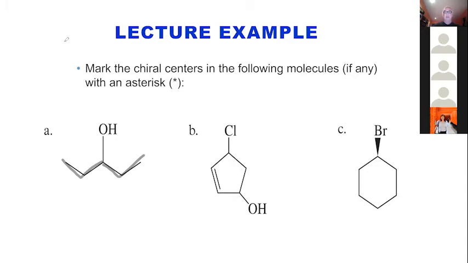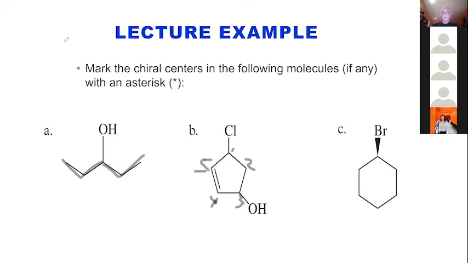So let's look at B. So here we've got 1, 2, 3, 4, 5 carbons. So which ones could be chiral? So 1 and 3.